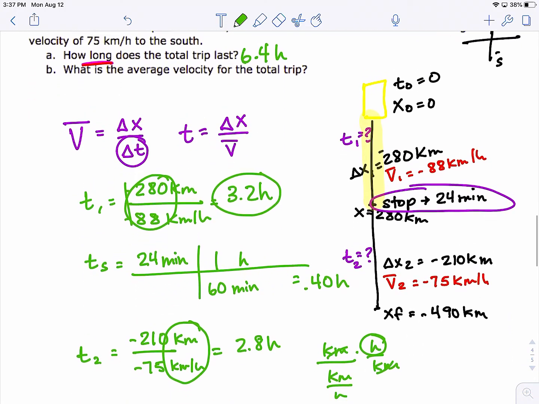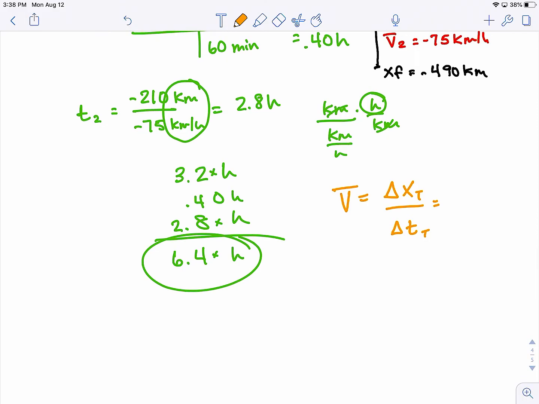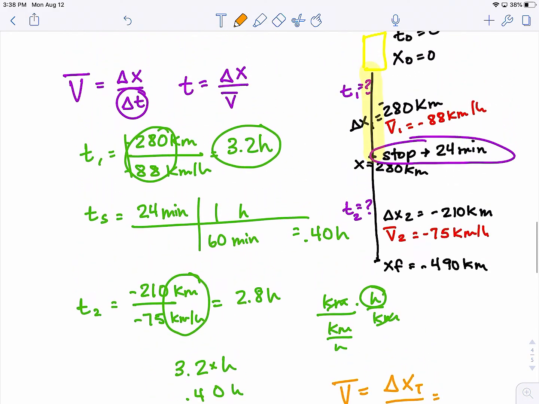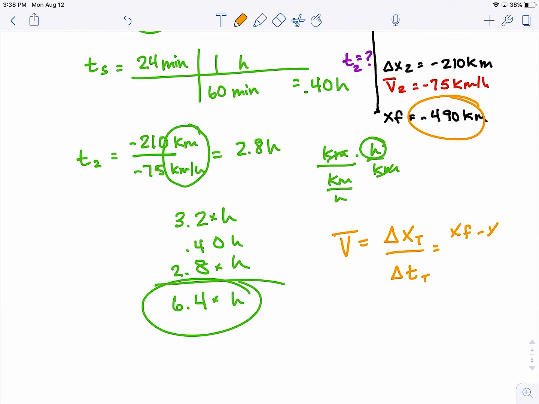All right, now it wants to know the average velocity, which is the total displacement divided by the total time, which in this case, we know the total displacement is the final position minus the initial position divided by the total time. So that's going to be negative 490 kilometers minus 0 divided by 6.4 hours.